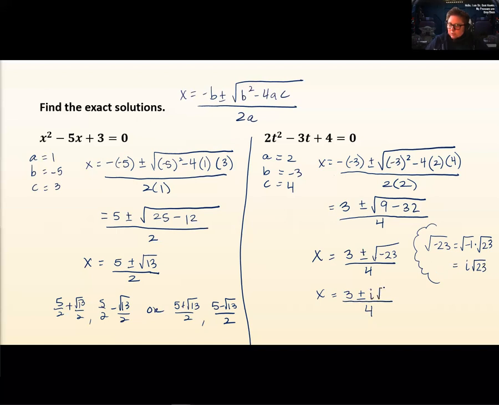And that's how you would simplify it. 23 is a prime number, can't really do anything with that. So this would be your answer. And again, if you're filling it out online, it would be 3 plus i root 23 over 4, 3 minus i root 23 over 4.